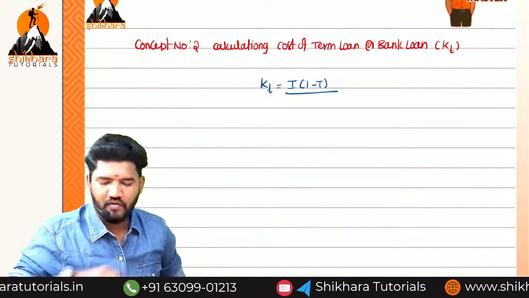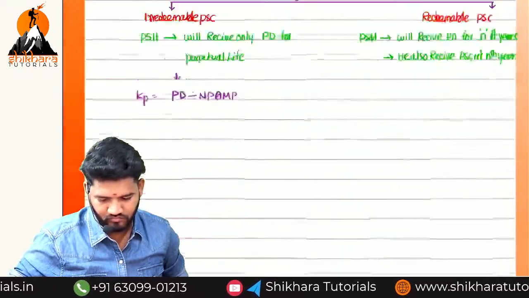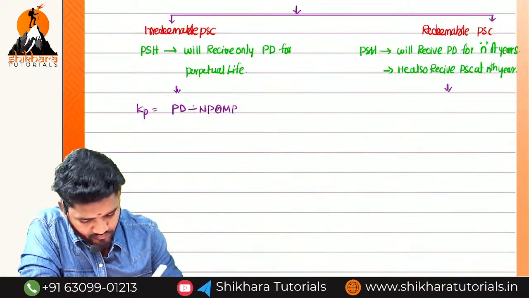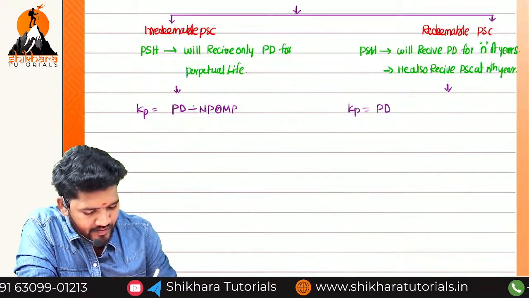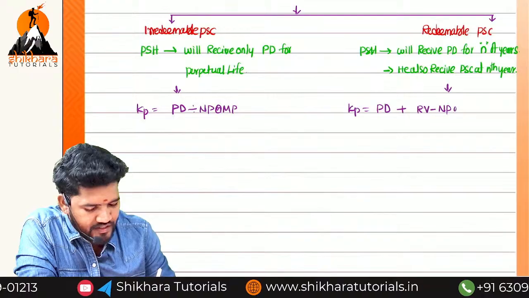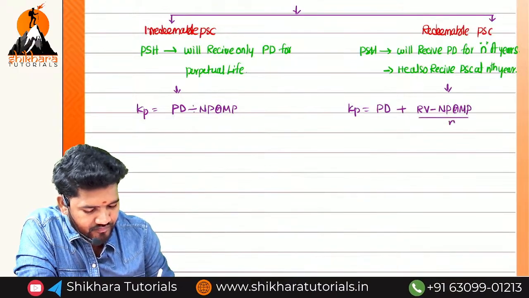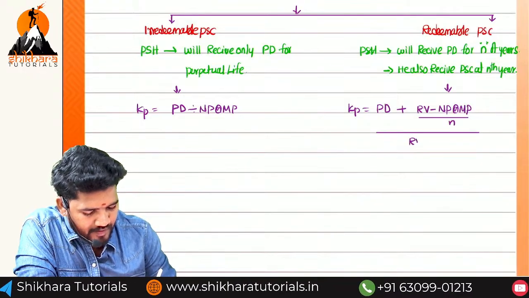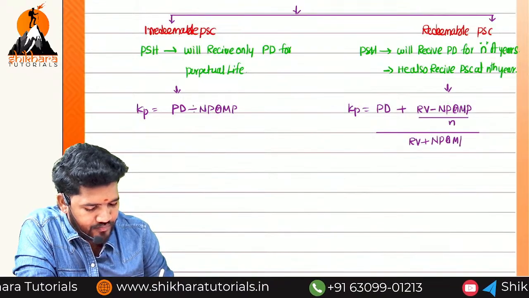Clear? Now when it comes to KP equals preference dividend plus repayment value minus net proceeds or market price, divided by N, whole divided by repayment value plus net proceeds or market price, divided by 2.